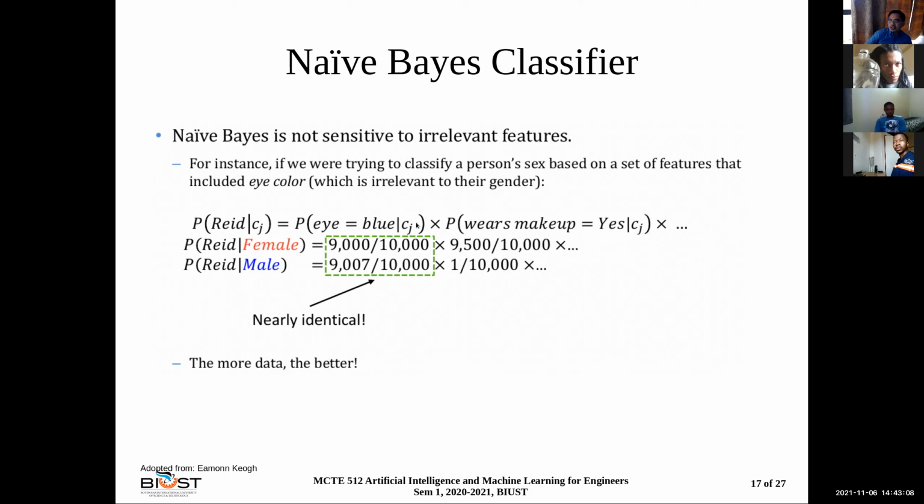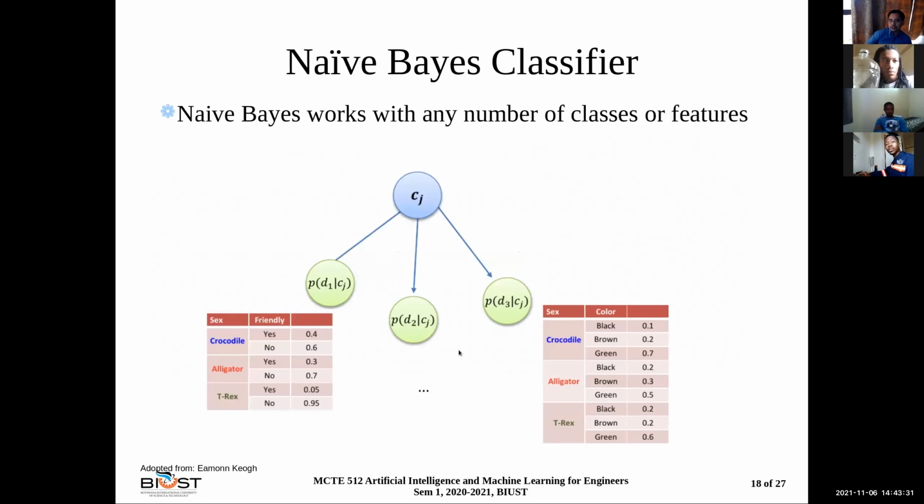Naive Bayes takes care of that because they are almost identical numbers. So in this case, it doesn't affect so much the probability of Reed being female or Reed being male. I hope that's clear.